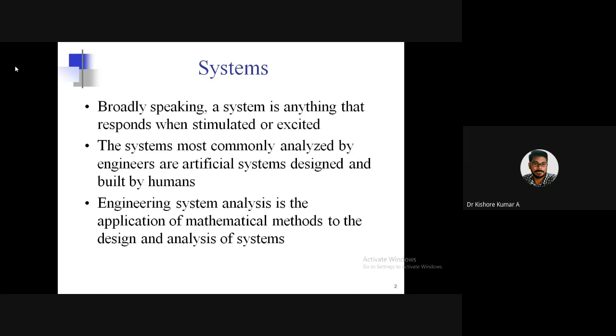The systems most commonly analyzed by engineers are artificial systems designed and built by humans. Thus engineering system analysis is the application of mathematical methods to the design and analysis of systems. This is how we can define a particular system.